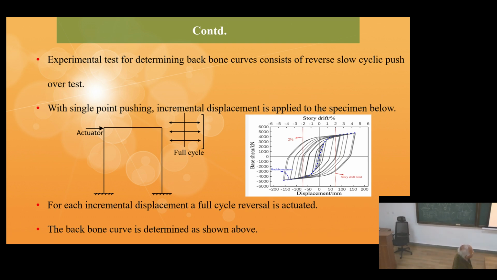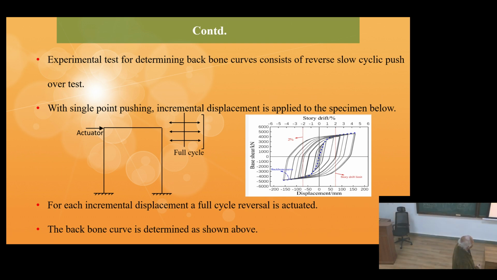If I go for a reversal, initially you can see that it remains elastic, it is going like this. But after some time, when the inelastic state comes, then you can see that hysteresis loops are generated. This is another hysteresis loop generated.